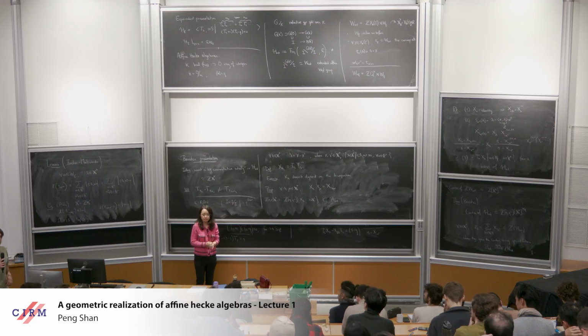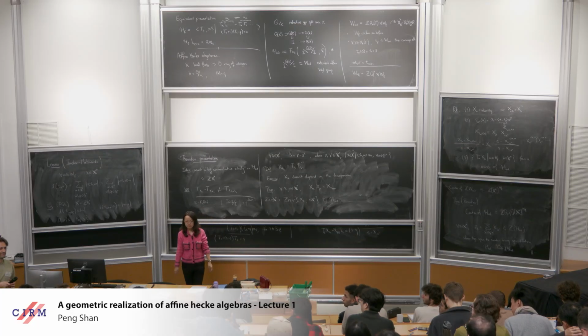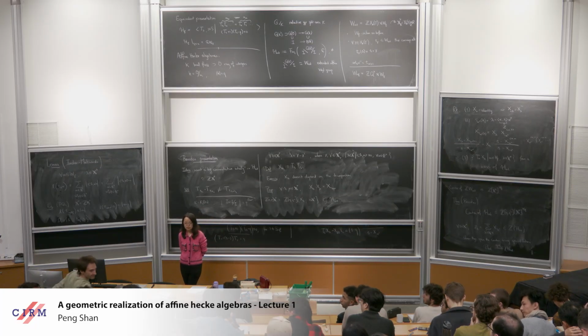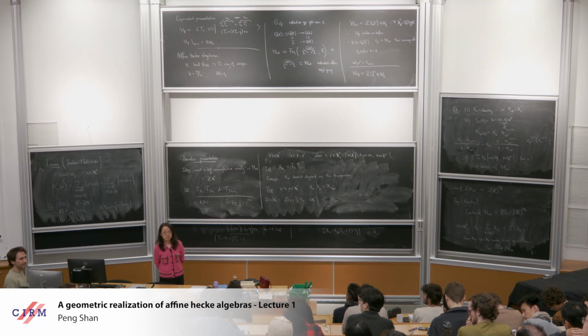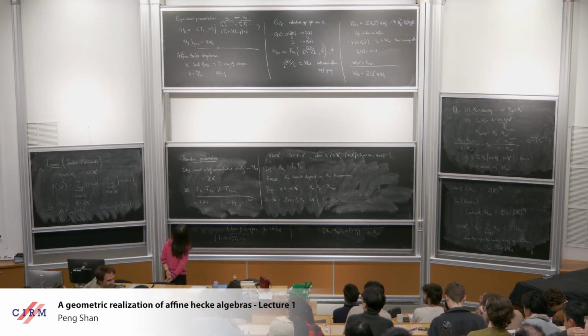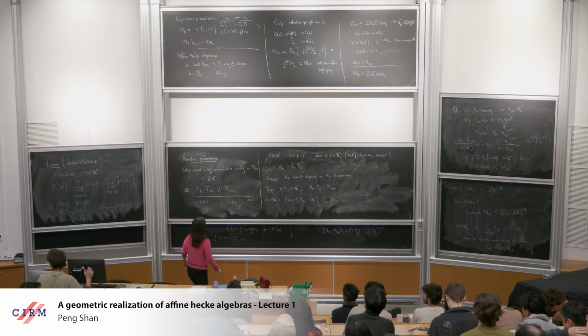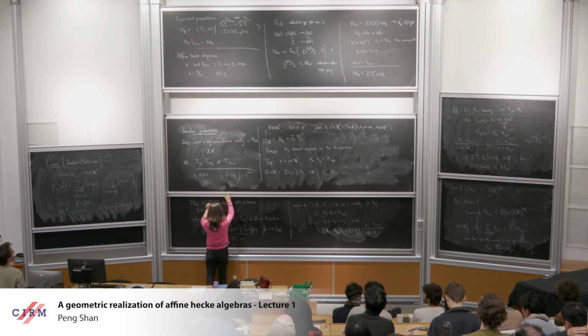Is there any other question? You said it already, but can you say again, how do you define the affine Hecke algebra? So, let's see, where did I define? All right.